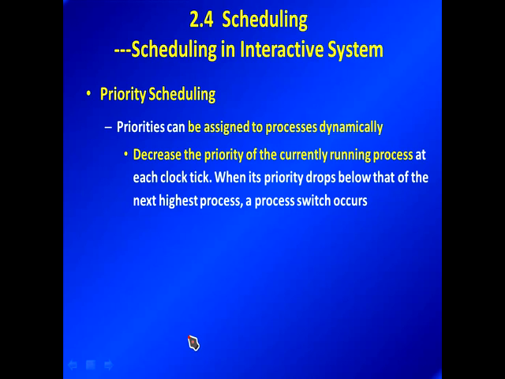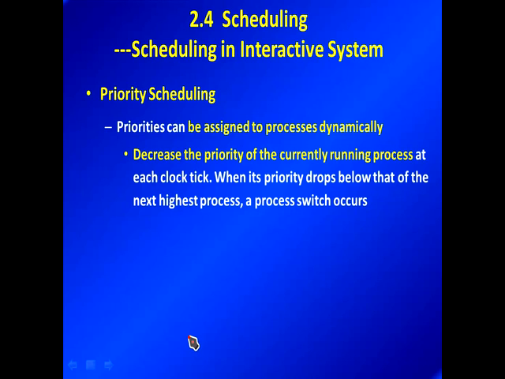We have a lot of ways to change the priorities of all the processes in the system. We can choose to decrease the priority of the current running process at each clock tick. It means we don't change the priorities of the processes on the waiting queue.